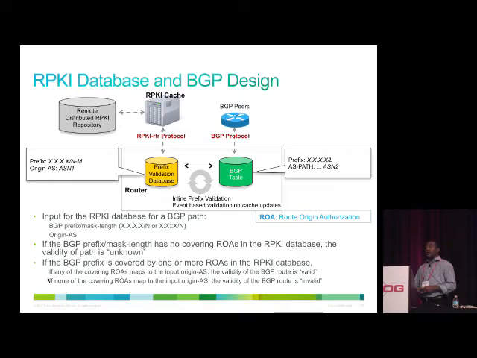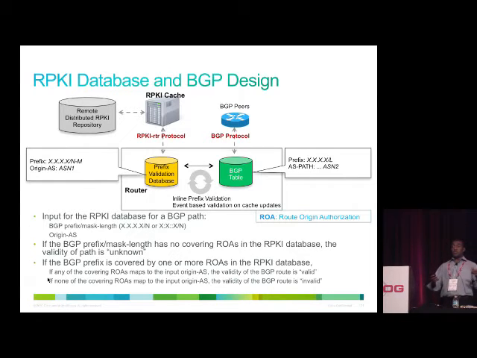Now, when a router receives a prefix in an eBGP update, it checks that prefix against the ROA.